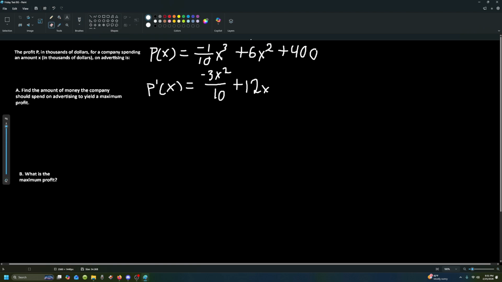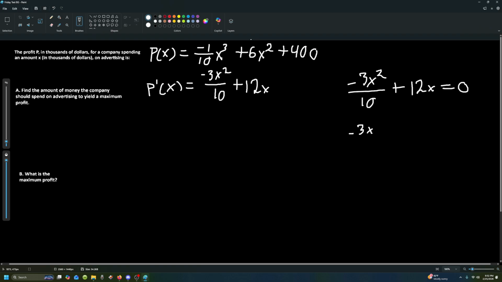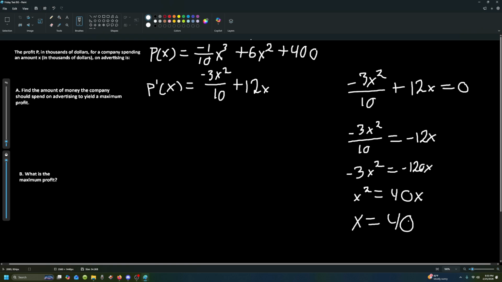So we have our derivative right now. From this point, what we have to do is set it equal to 0, which in this case is kind of a long process, but if we go through it, we will find that, I'm going to speed up my work here. So we find that x equals 40.